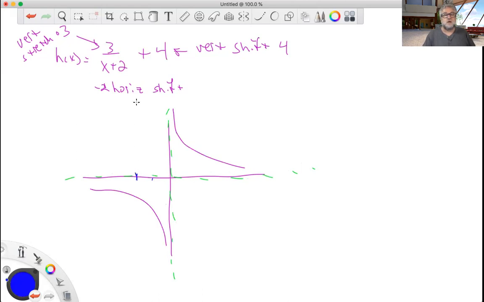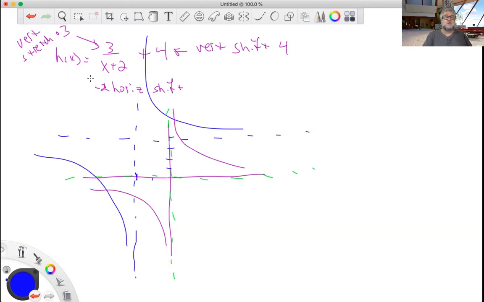So that's where my vertical asymptote is, because when I put -2 in the denominator, it changes it to 0. And normally I would have a horizontal asymptote at 0, but I'm shifted up 4 units. So this is going to be my new horizontal asymptote. So my curve is going to look like that.